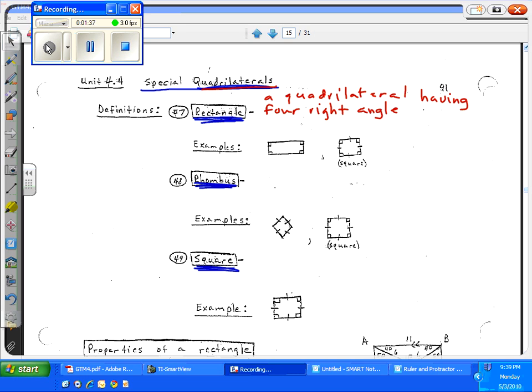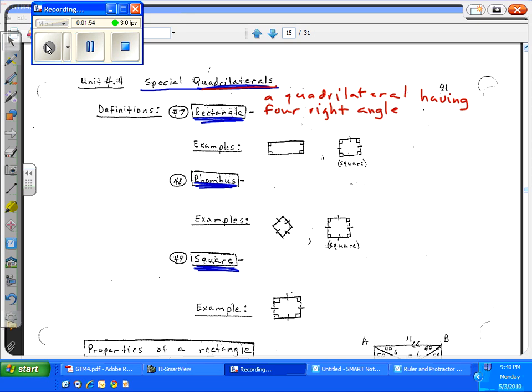Now, since they're all 4 right angles, that means they're all equal, which means it is an equiangular quadrilateral.